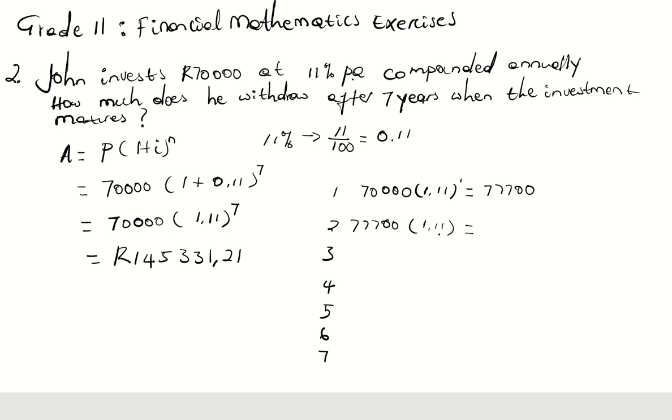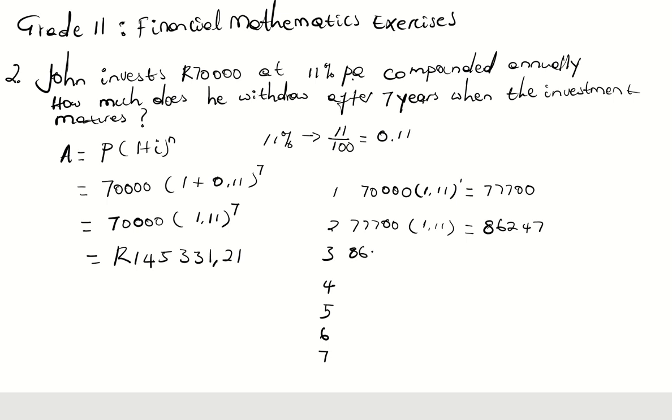It earns the same amount, 11%. And we have that in that second year, John will be sitting on 8,647. Okay. Now that is the amount that John starts off the third year with.